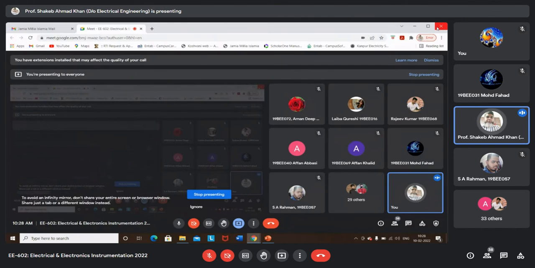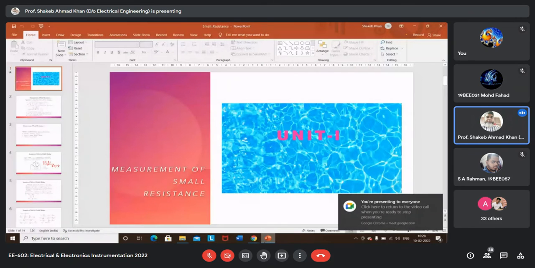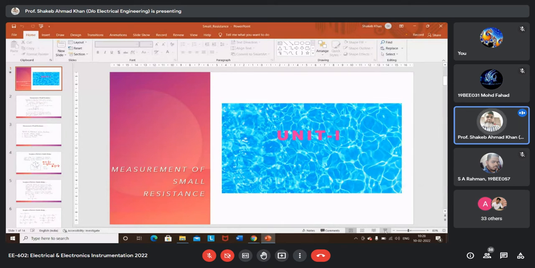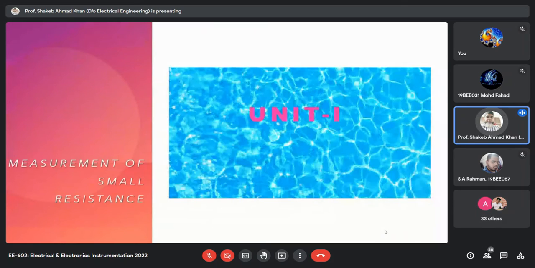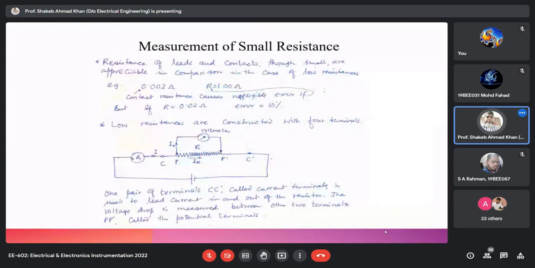Obviously the range we had decided, earlier it was told that resistance less than 1 ohm is considered a small resistance. So we are talking about that.